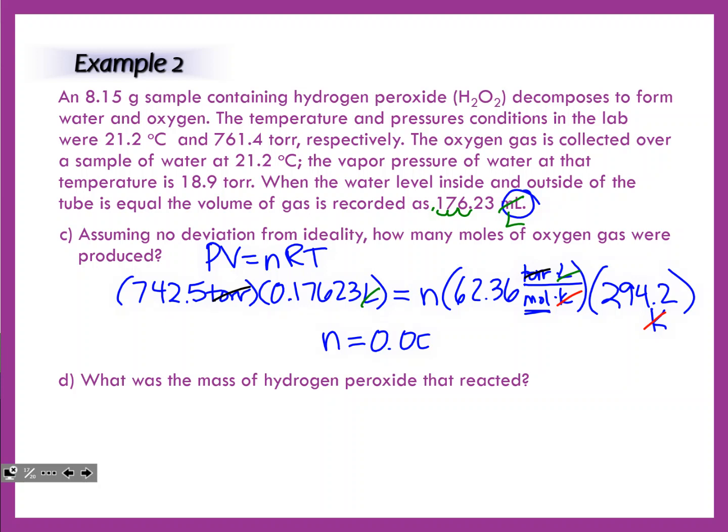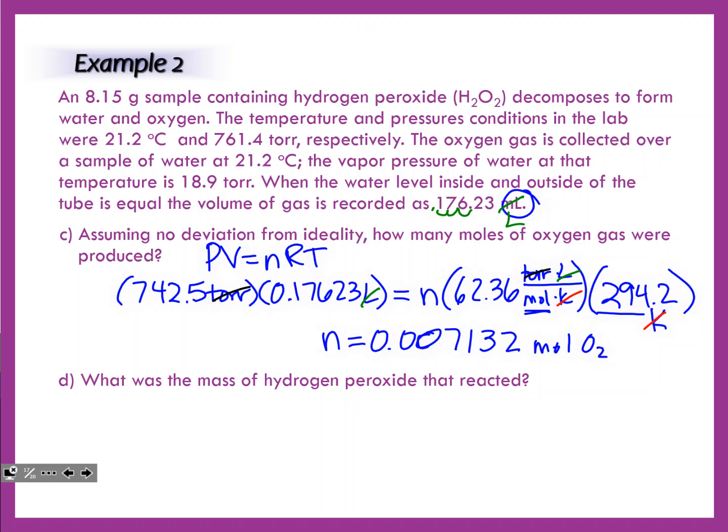We can just go directly from plugging in our numbers to n, right? So we don't have to go to the in between? No, you do not have to show the work in between. So I'm getting 0.007132, right? When you change it to Kelvin, now it has 4 digits, and our pressure has 4, so our volume has 5, so we're going to keep 4. So that's moles of the O2.